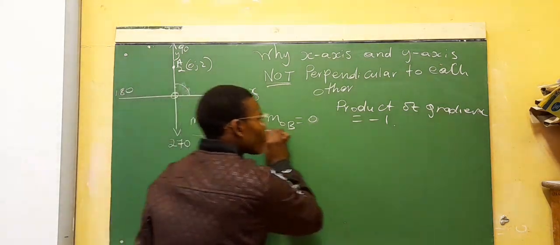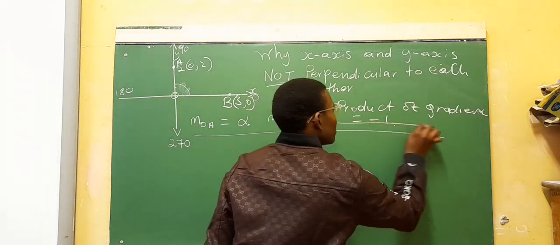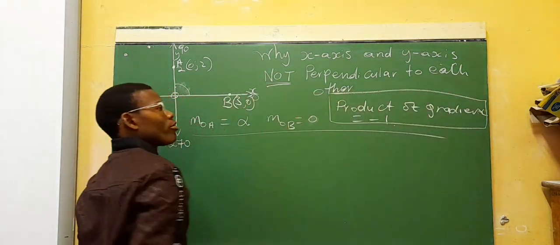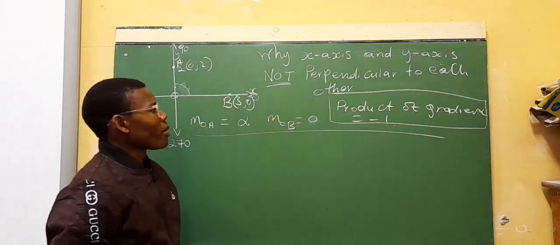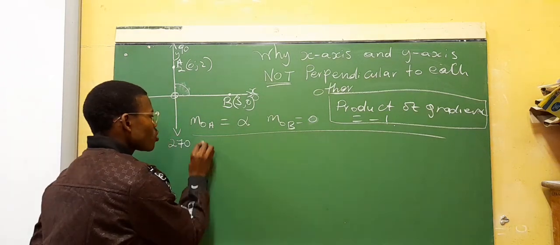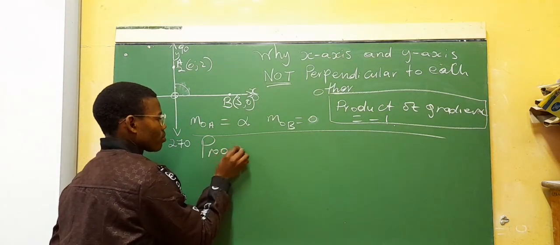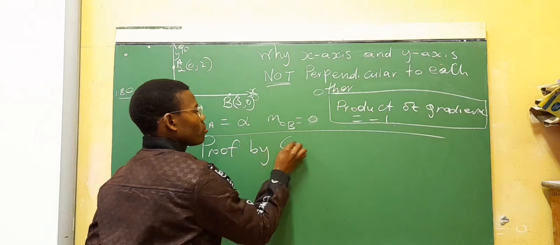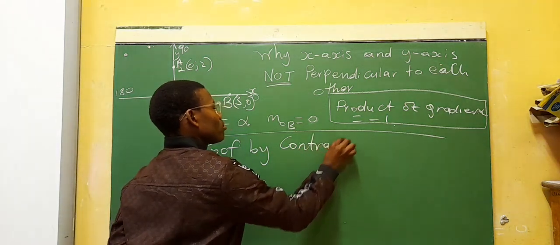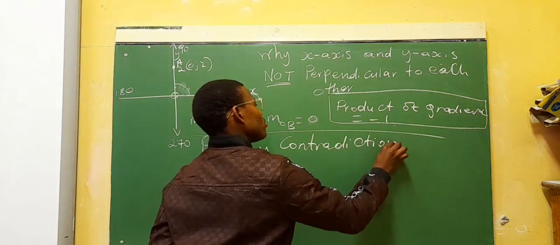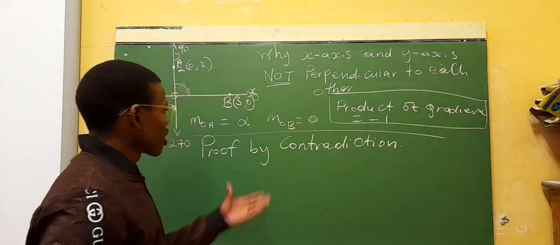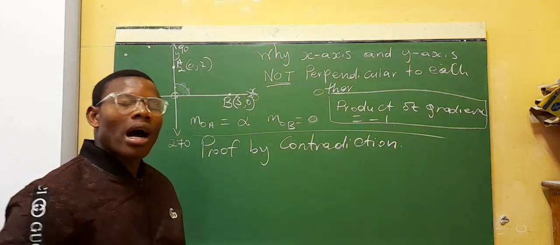But how do you then prove this, by understanding the theory of proving perpendicular lines? Let me use contradiction, the proof by contradiction that these two lines are not perpendicular.